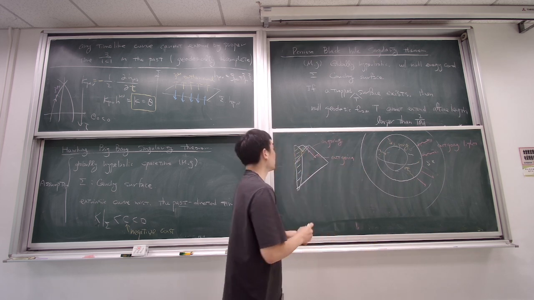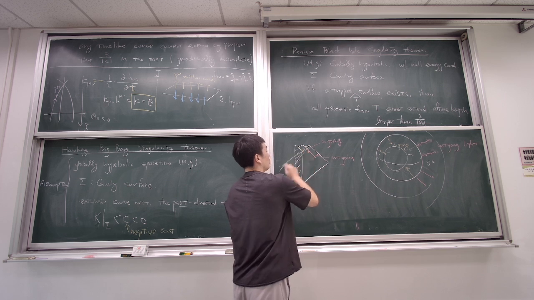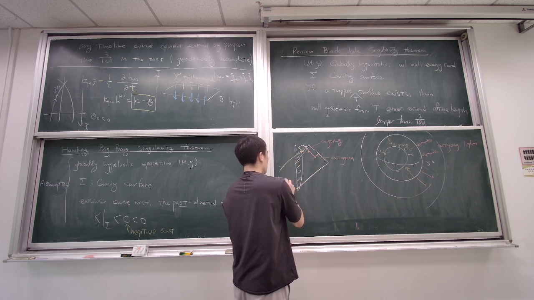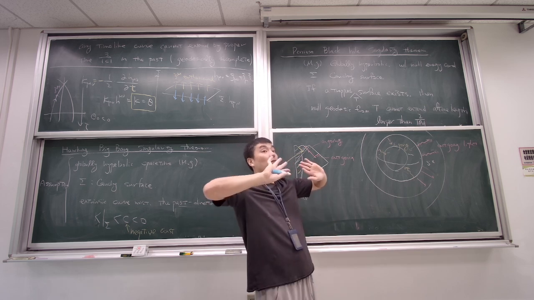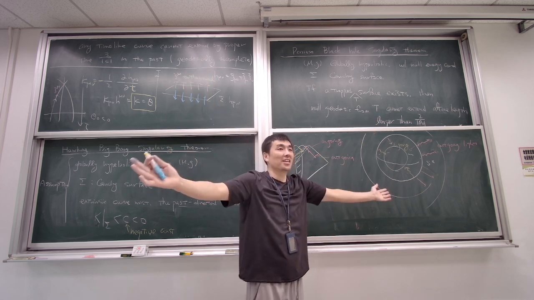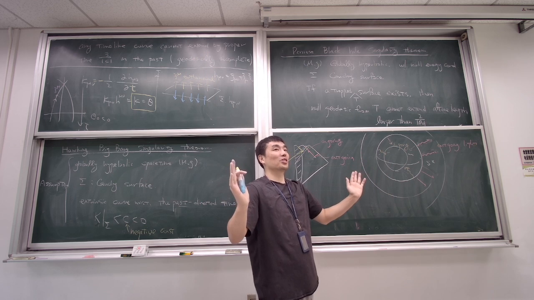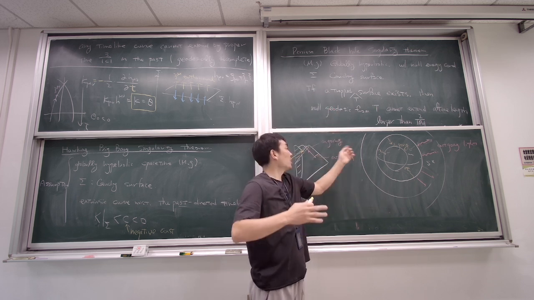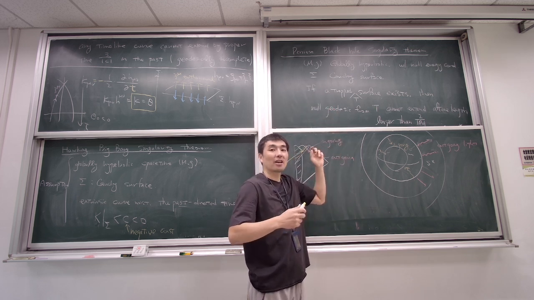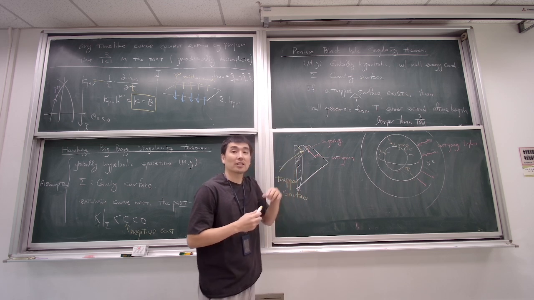In this case, this point is called a trapped surface. Even if you emit the light on the outside of the sphere, the null geodesic congruence just converges and hits the singularity, inside the horizon.